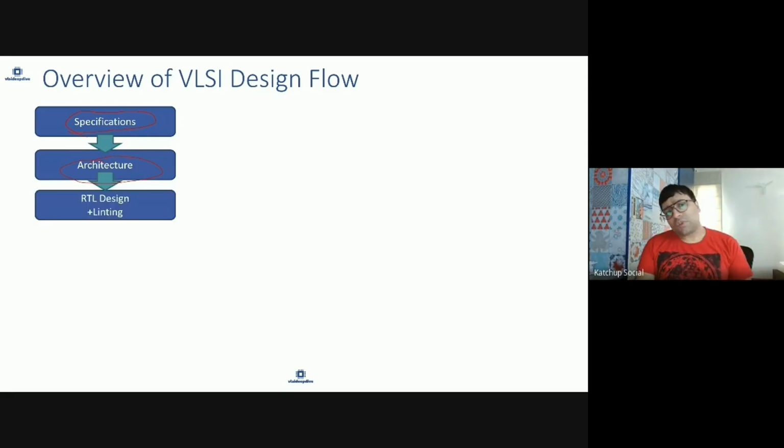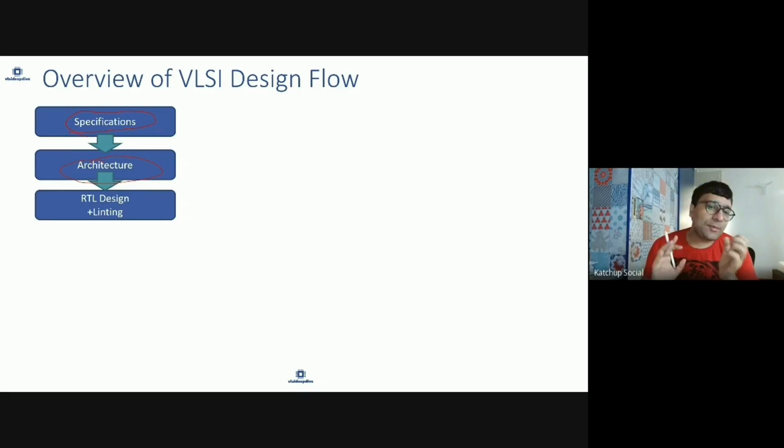Then once the architecture is done, you start designing your chip and writing code for it, which in an ASIC flow is typically done by writing RTL for your design, or reusing RTL. Then you do linting of RTL. I will talk about what linting is and what RTL is, and I'll go into details of each step as we go along.